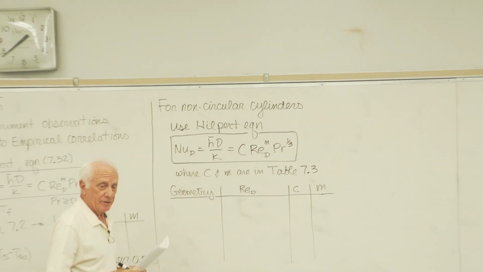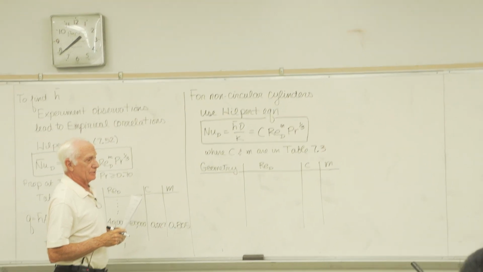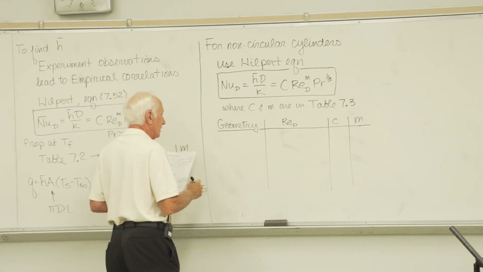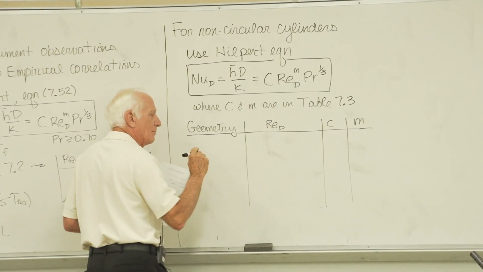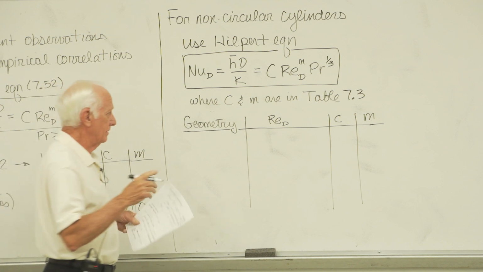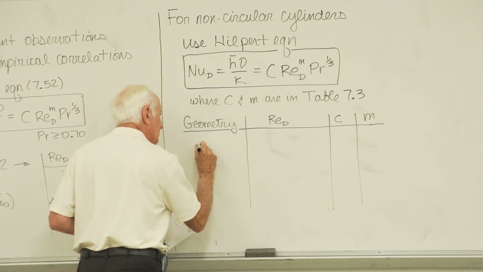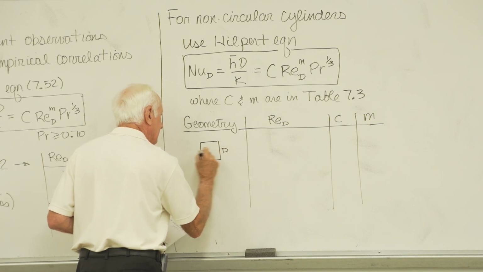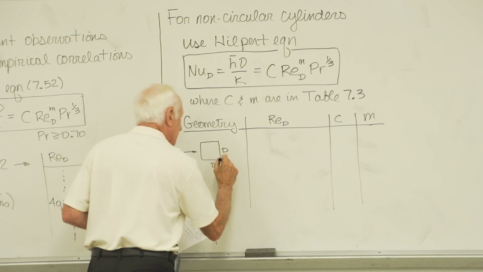Now, by geometry, we mean, what is the non-circular cylinder? Is it square? Is it hexagonal? What does the cross-section look like? So for the textbook, I'll put a few here. I'll put 2 here. The textbook has 5, I think. So one is a square tube, D, D, from the top to the bottom.